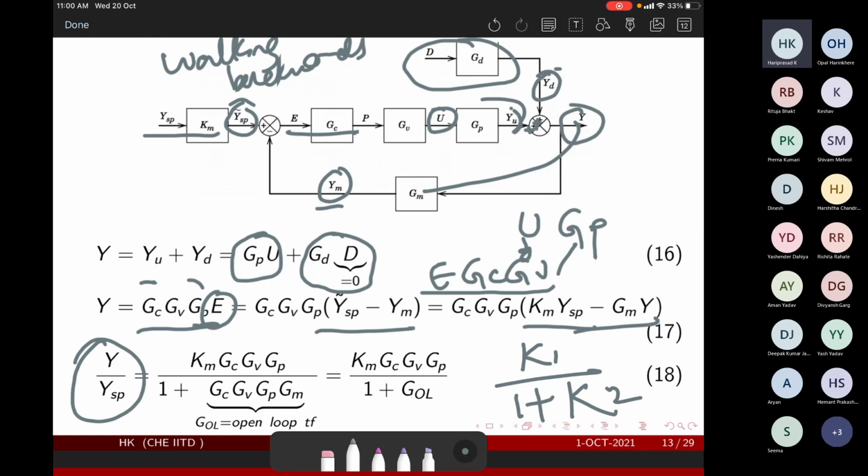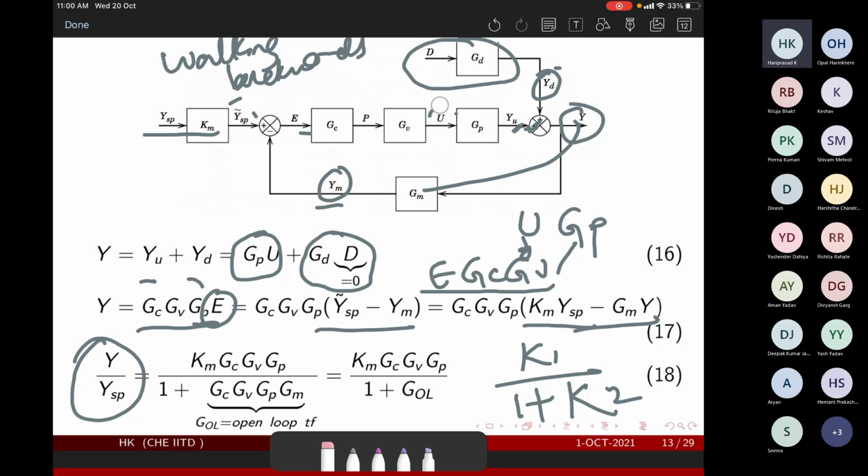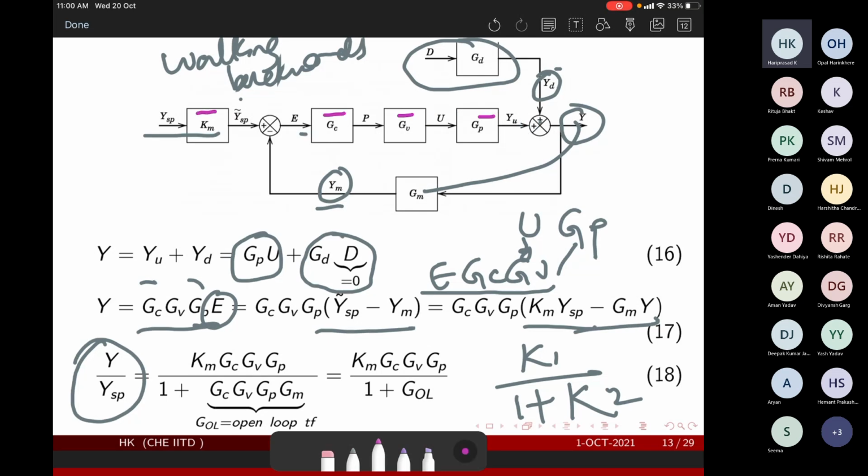The numerator is the product of all the forward transfer functions: km gc gv gp. In the denominator you have the 1 plus term that would contain everything except things which are out of the loop: gc gv gp and gm.